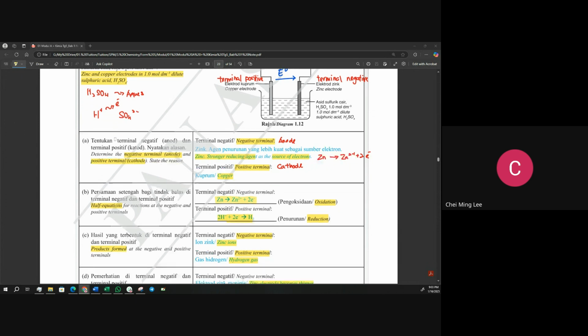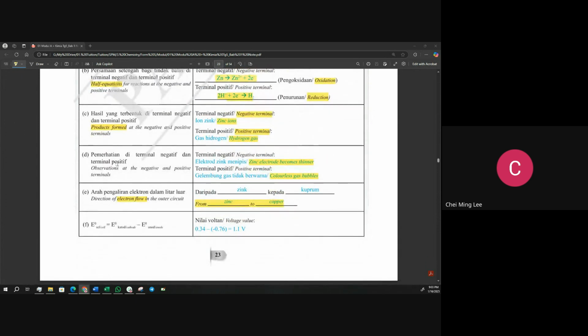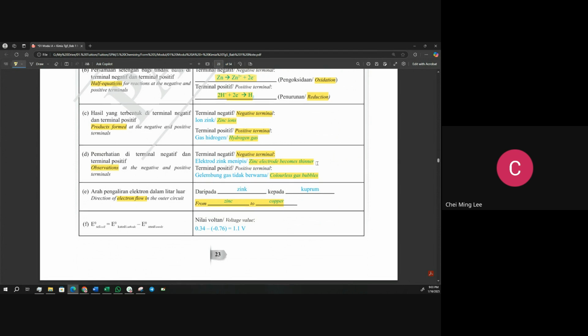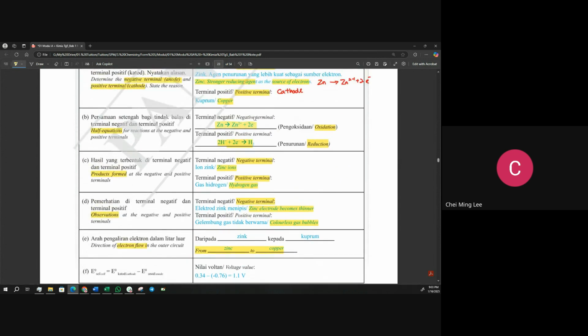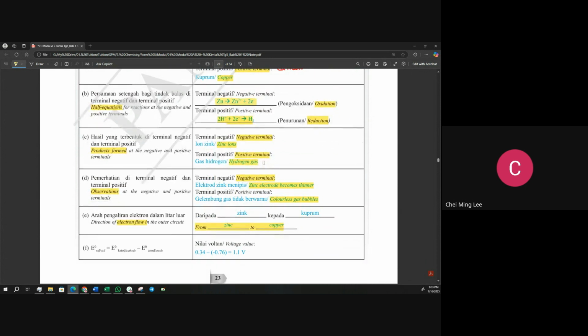Okay, so let's continue. Now we have to see the observation. At the negative terminal, the zinc electrode becomes thinner because it has been ionized. For the positive terminal, nothing happens to the copper electrode because copper is not being reduced.